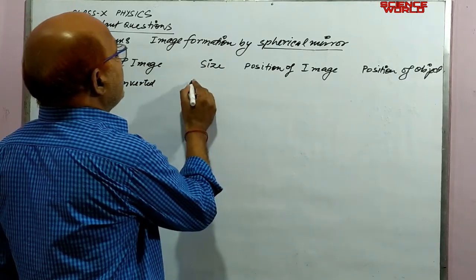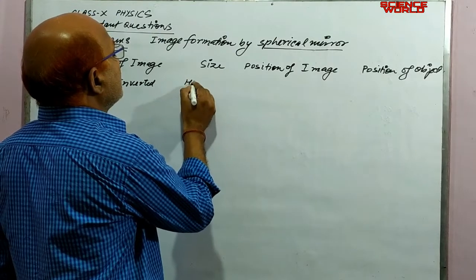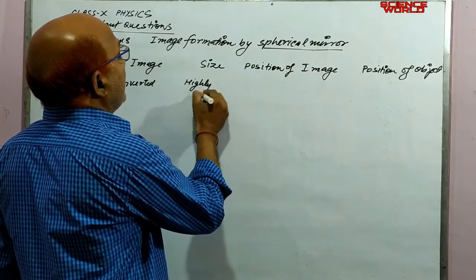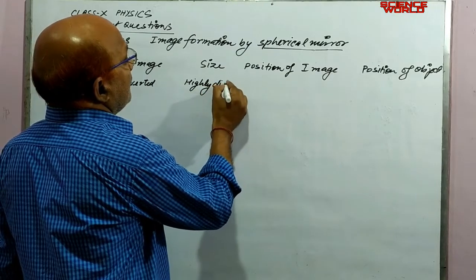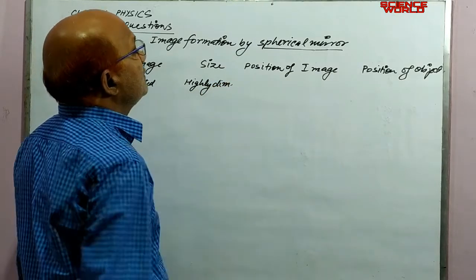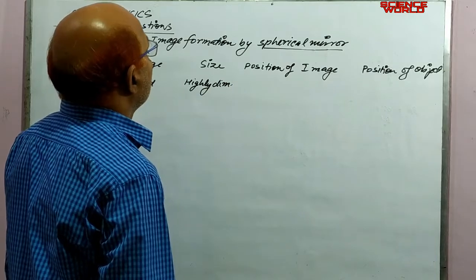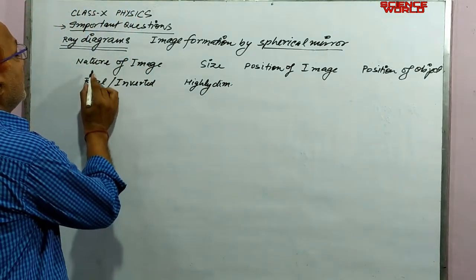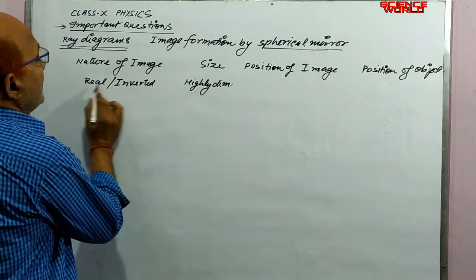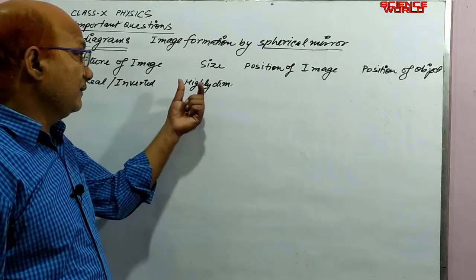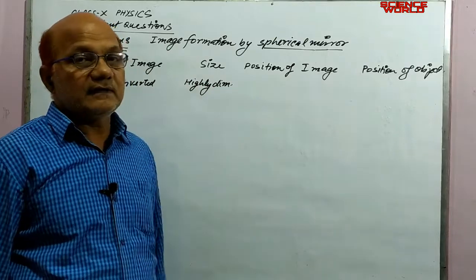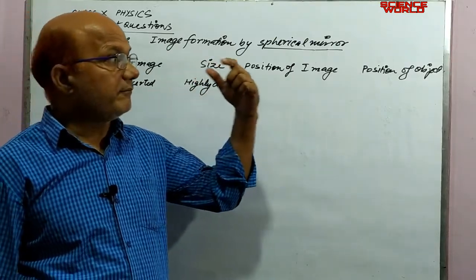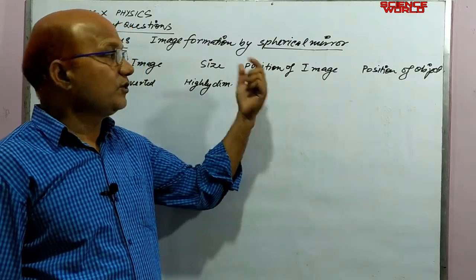And the size is highly diminished, means very small, highly diminished. So, if nature of image is real and inverted and the size of image is highly diminished, so where may be the position of this image.